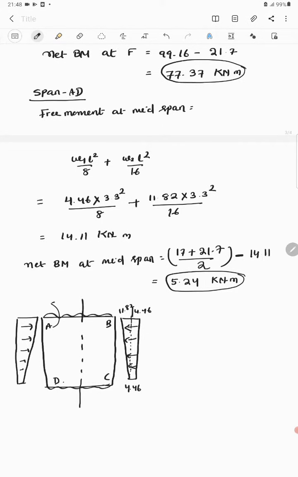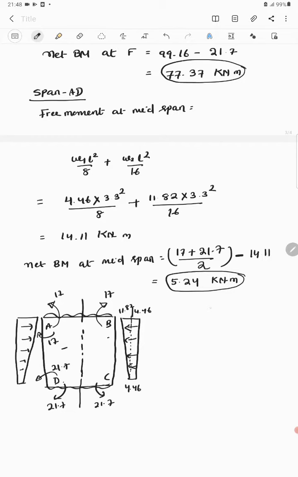So what we have calculated, the fixed end moments, this is 17, this is 17, this is also 17, 21.7, 21.7, this is also 21.7. This is symmetrical, so this side will be same as this side.